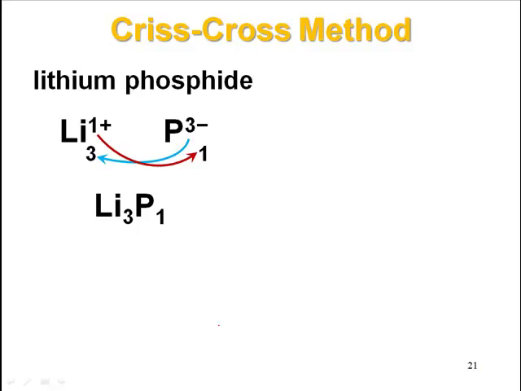You can crisscross this and you get Pb2O4. But now you have to simplify. If you said this, it would be 100% wrong 100% of the time. So you just write PbO2. That is lead-4 oxide. That's the only case it doesn't work in ionic compounds.